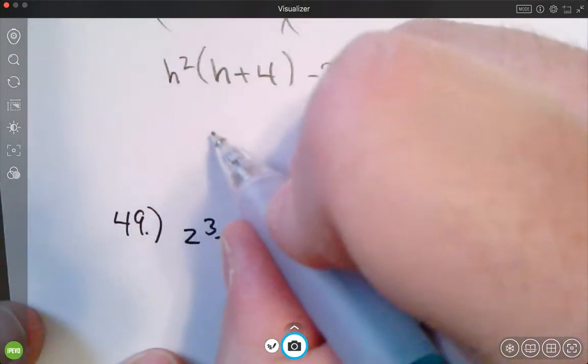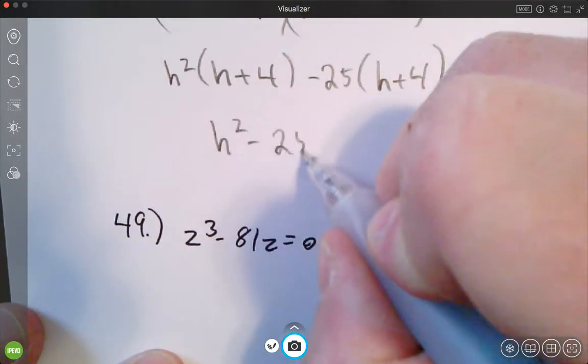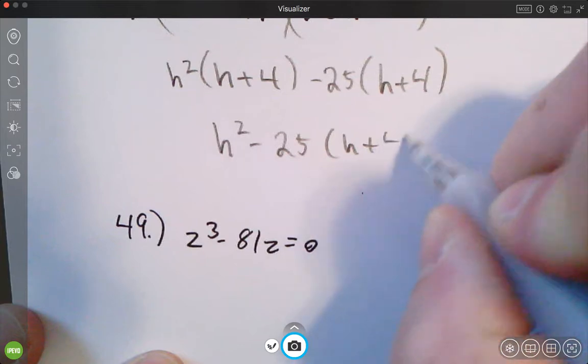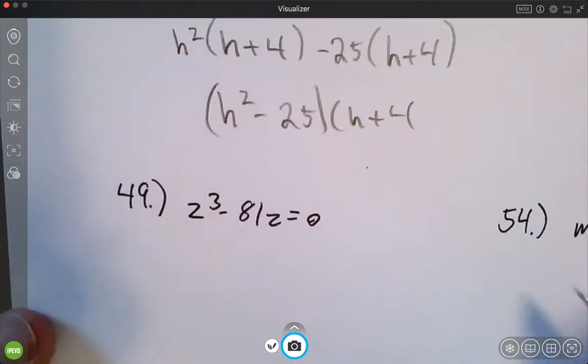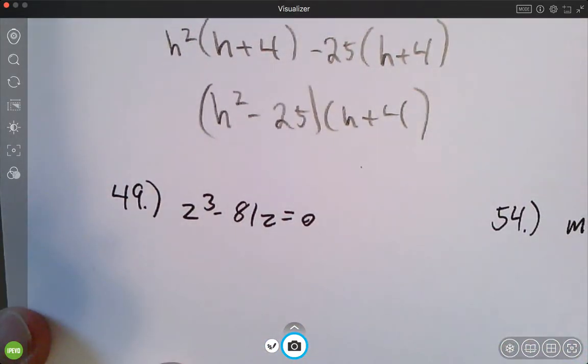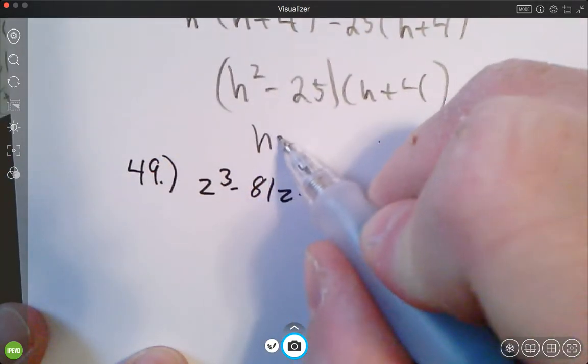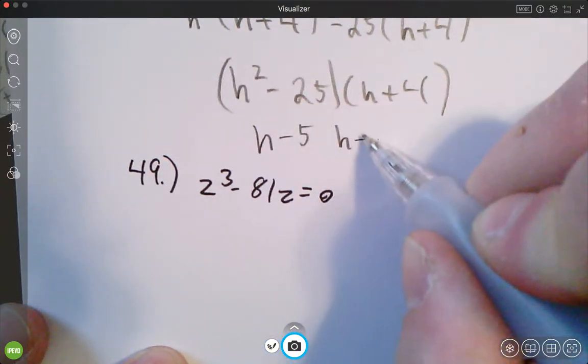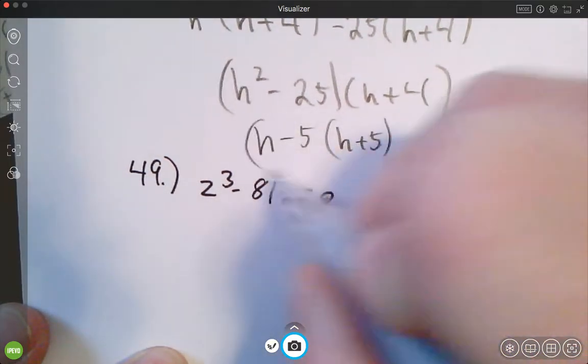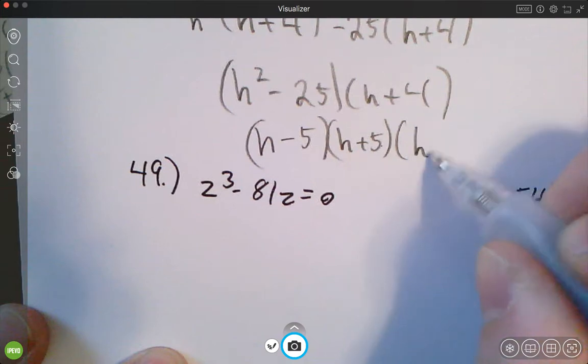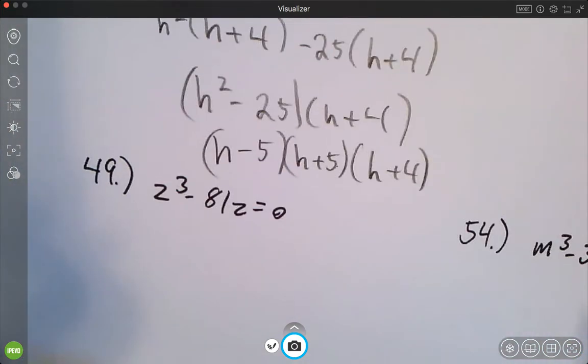So then I can write this as h squared minus 25, times h plus 4. But I like this one because you can do the difference of squares. So this would be h minus 5, h plus 5, and then h plus 4. So it's 3 binomials for your answer there.